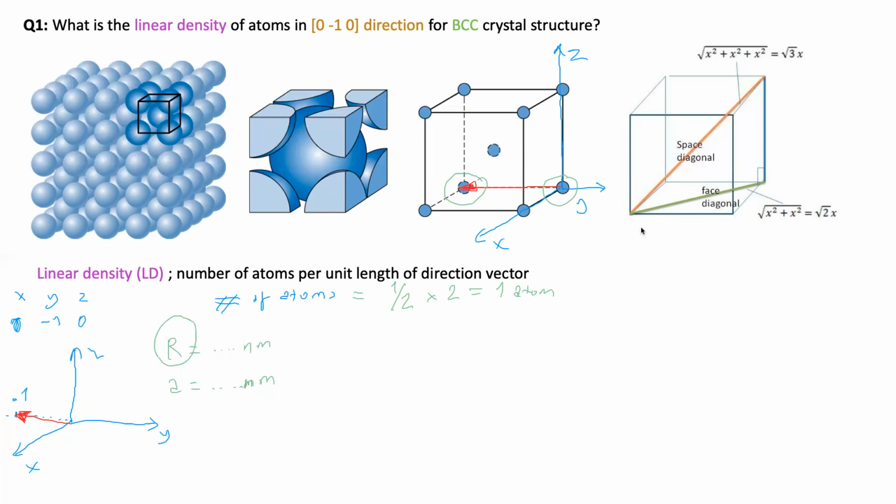So let's find out the length of the direction vector in terms of R. To find that value, first we should remember that the length of one side of the cube is equal to A.